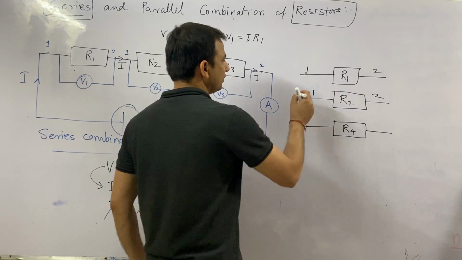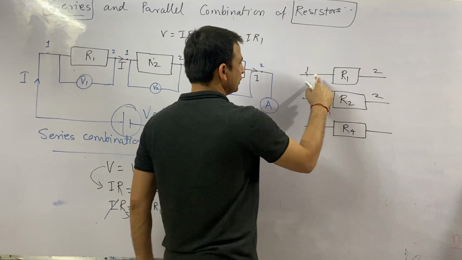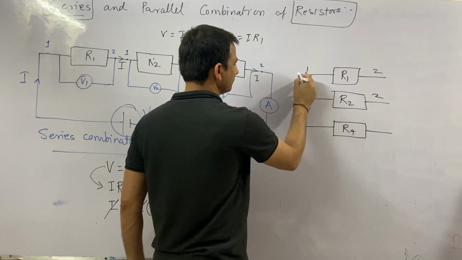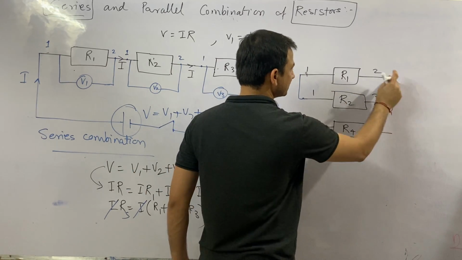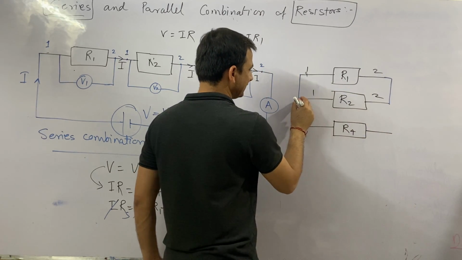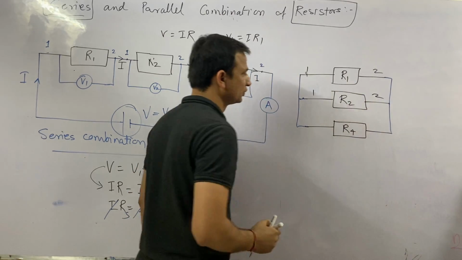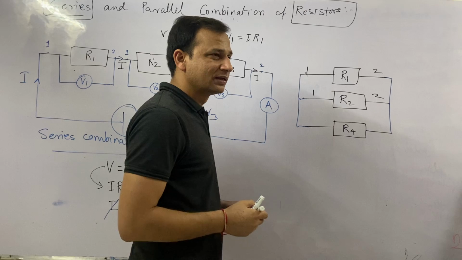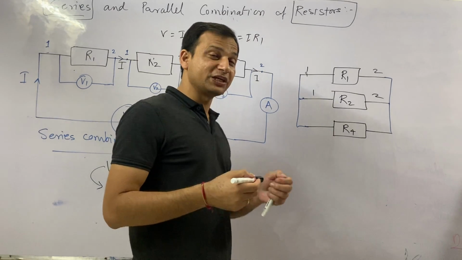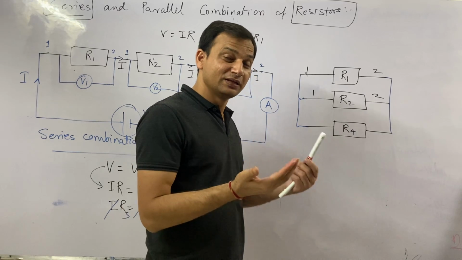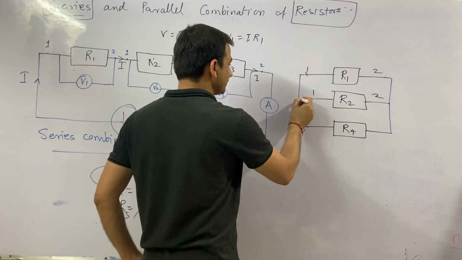Now when both the hands of the resistors are connected with each other, so let's say 1 is connected with 1 and 2 is connected with 2. Again here 1 is connected with 1, 2 is connected with 2. So this is the parallel combination. Now in parallel combination also you want to give some energy to the circuit, and how can we give energy to the circuit?